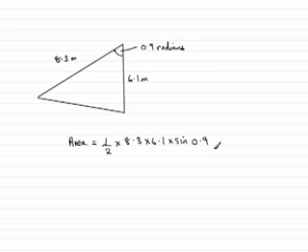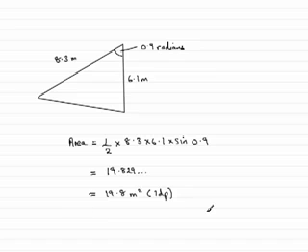Make sure that your calculator is now converted to radians mode, and that you know how to do that. If we work this out, you should find you get 19.829 and so on. If we round this to one decimal place, we're working in meters, so the area would be 19.8 square meters to one decimal place.